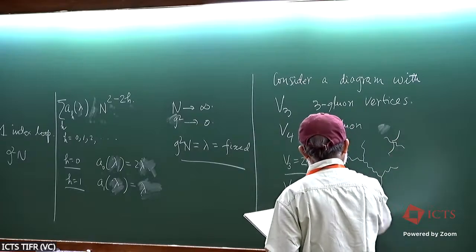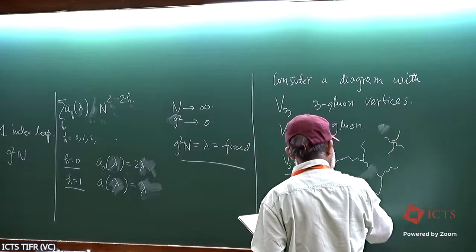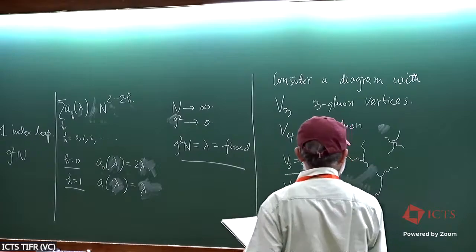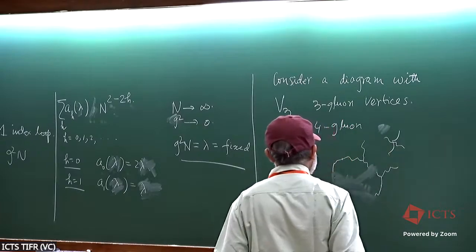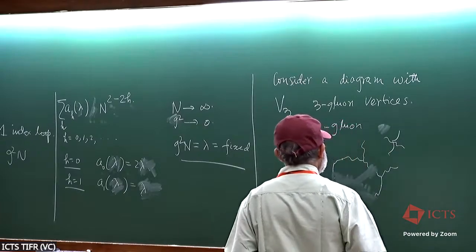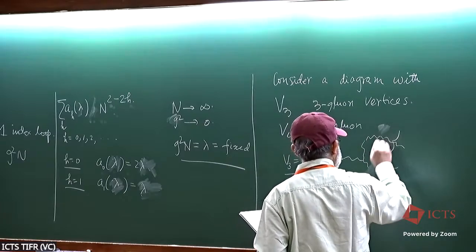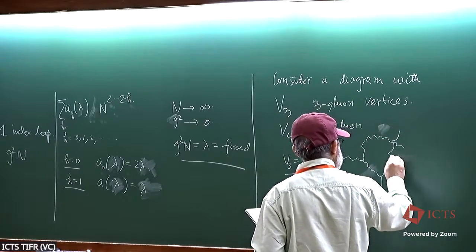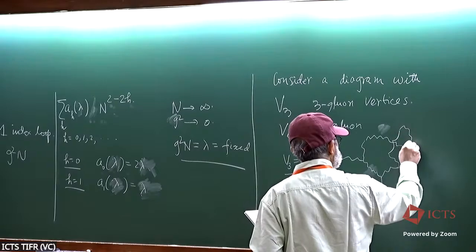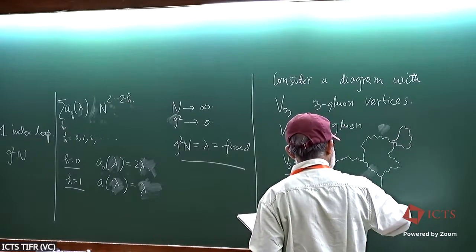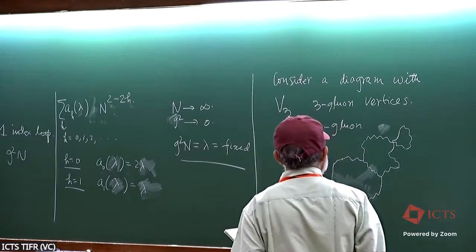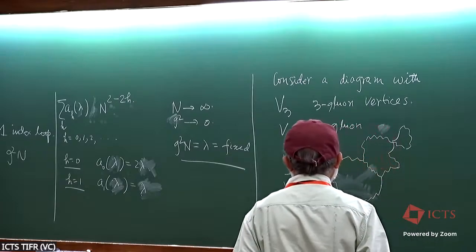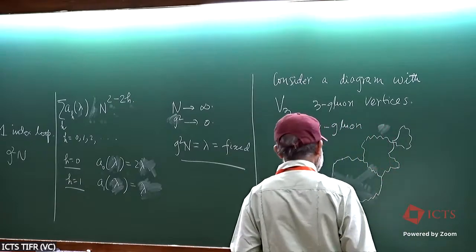Before joining, this is what I have: two cubic vertices, V3 equal to 2, and one quartic vertex. Let's join up now, like this, like this, like this.